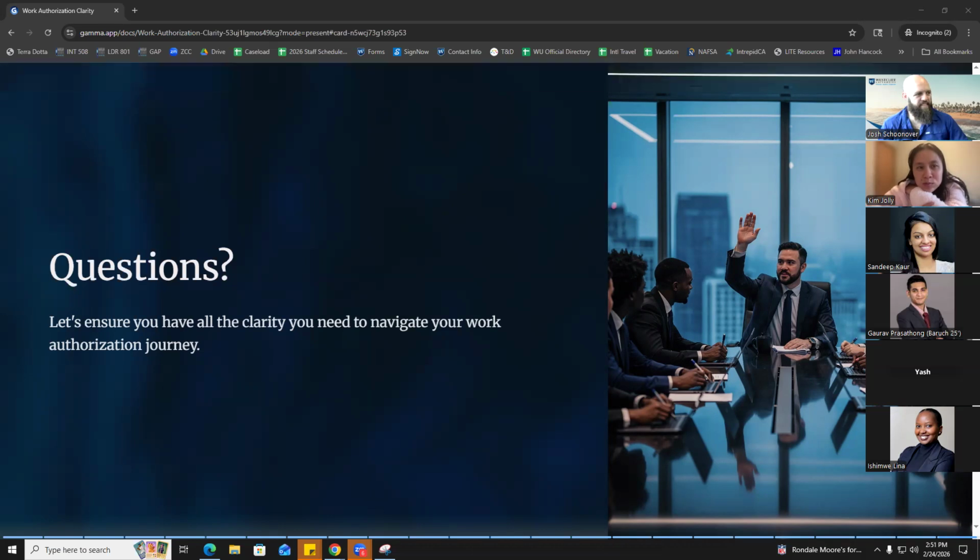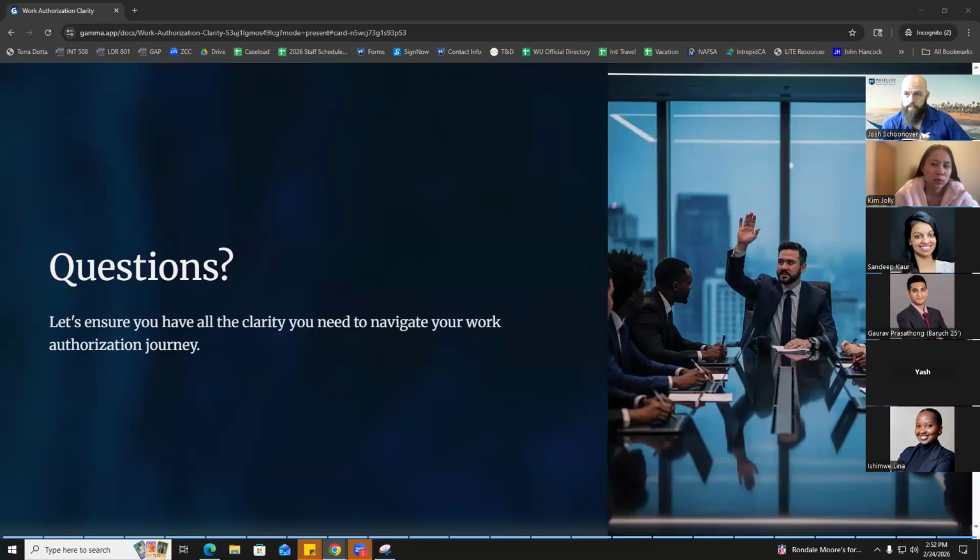I had a question about the I-983 form. I'm currently working with a staffing agency and I'm getting ready to apply for my STEM OPT next week. I'm confused about how I'm supervised. Am I going to use the staffing agency as my supervisor or the company that I'm currently working for? Staffing agencies are very tricky when it comes to STEM OPT.